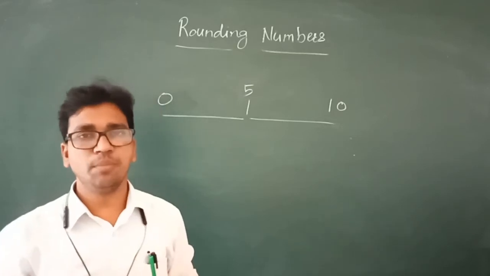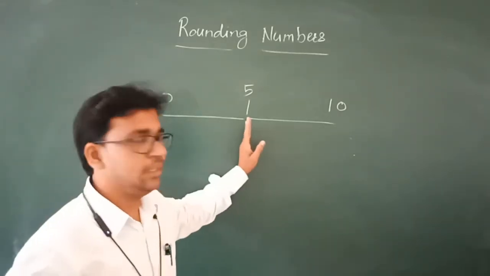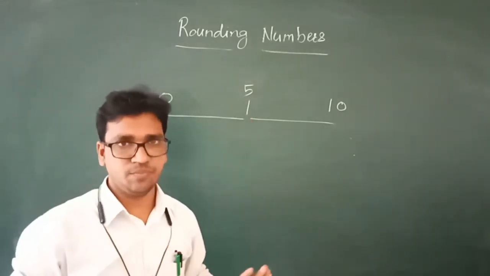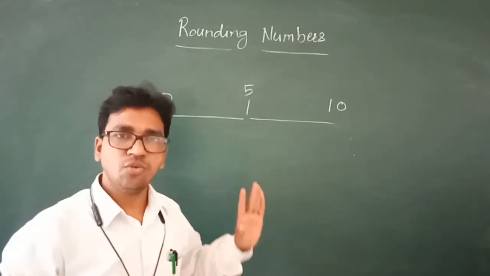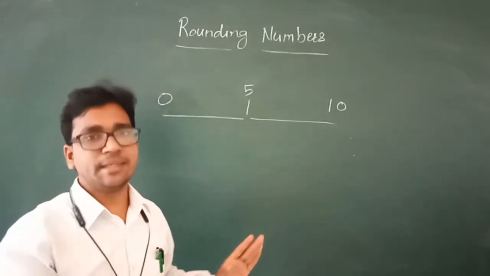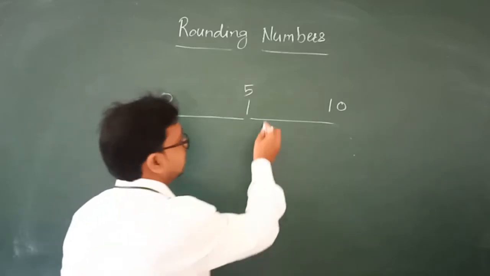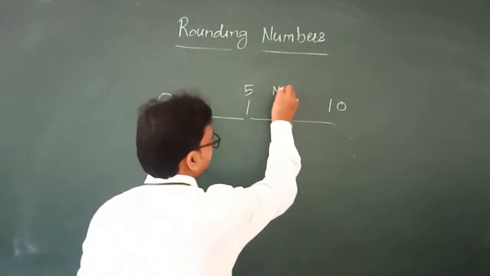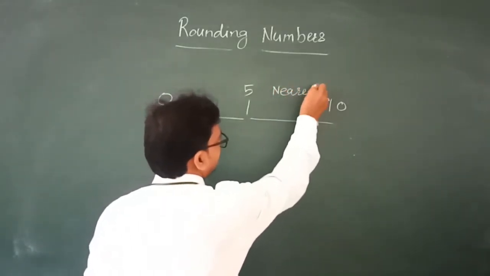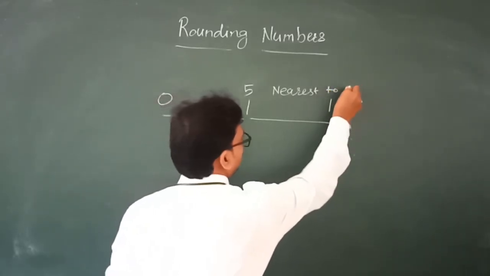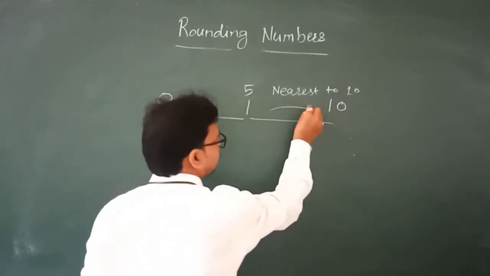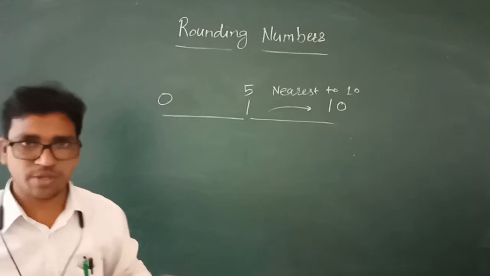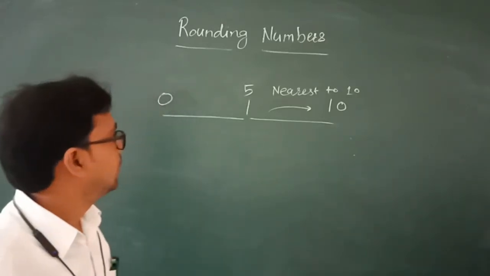The numbers which are 5 or greater than 5 are nearest to 10, or to the next ten.